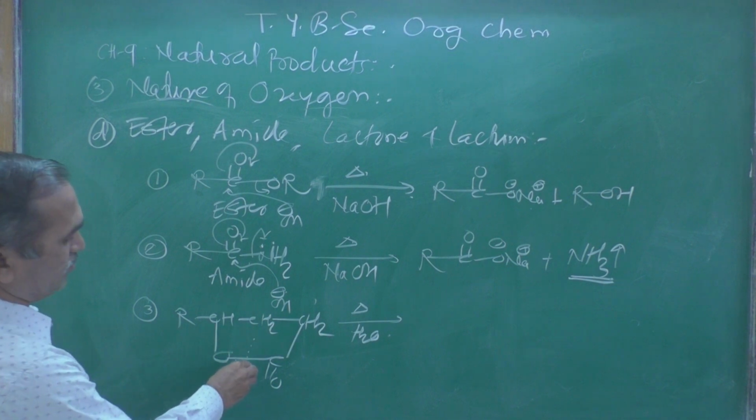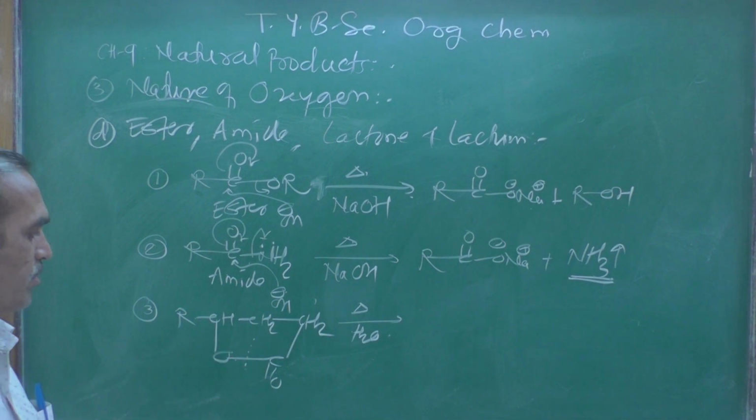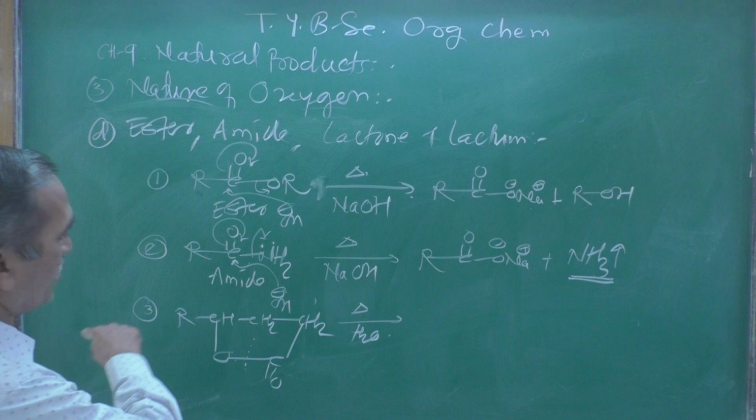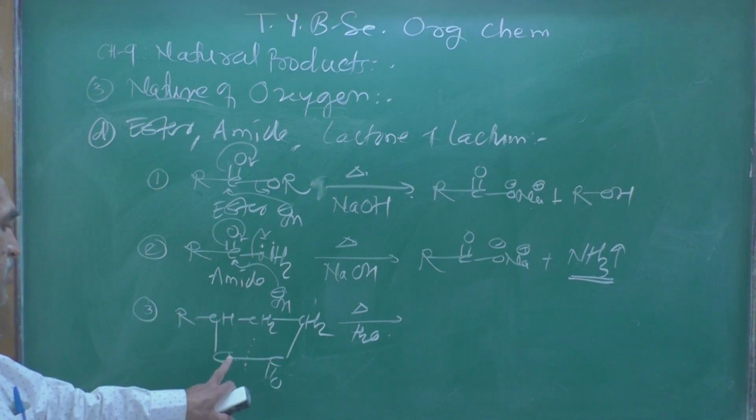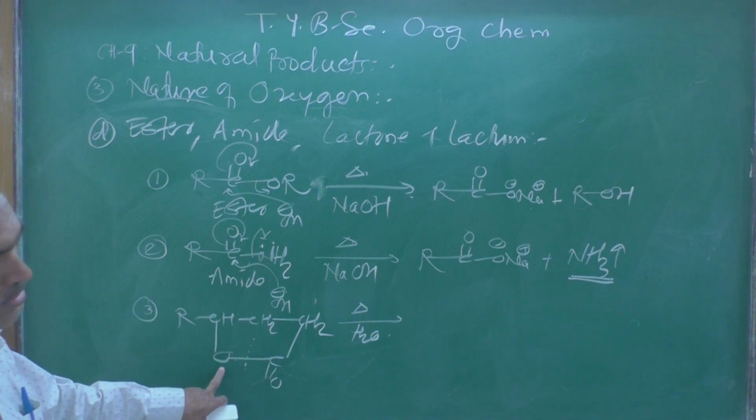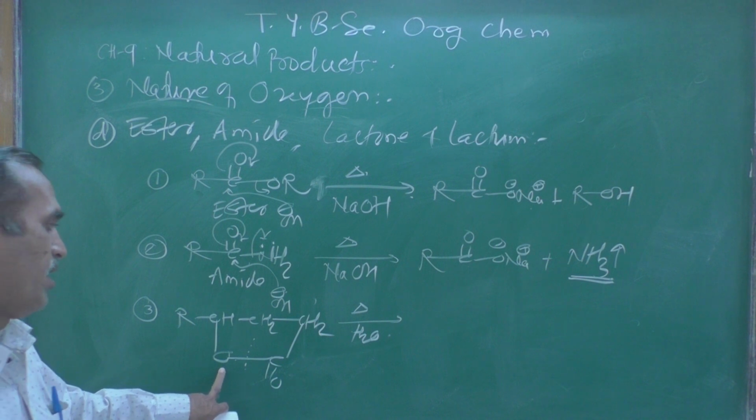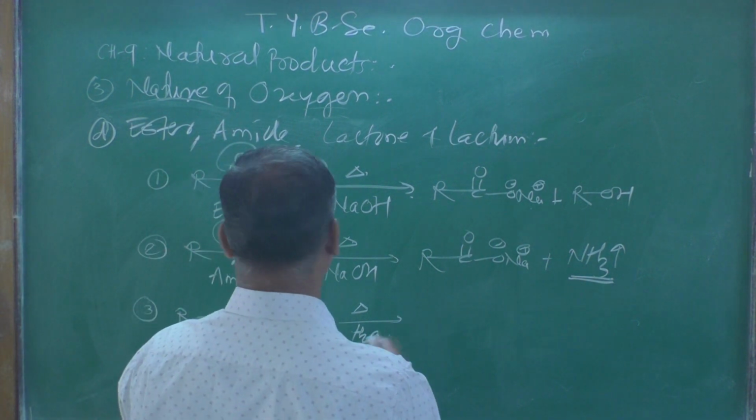This bond is going to break, because the weakest bond present in this ring formation is between the oxygen and the carbonyl carbon, and therefore what do you get over here?